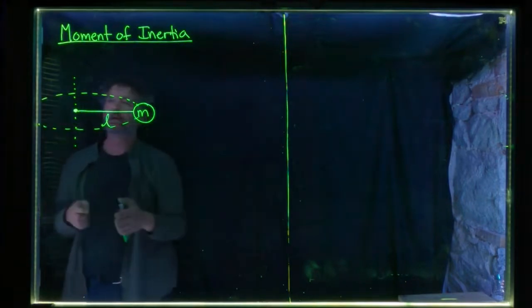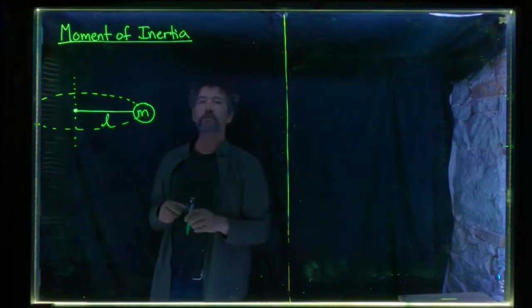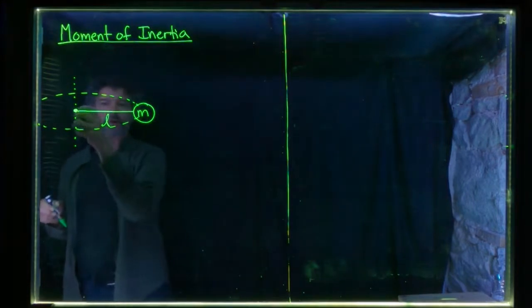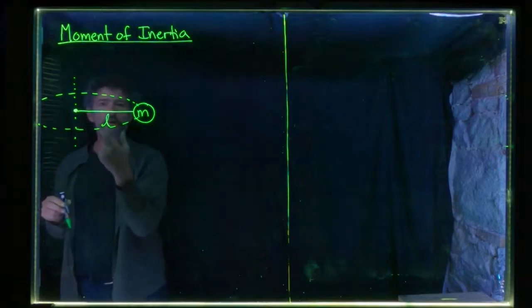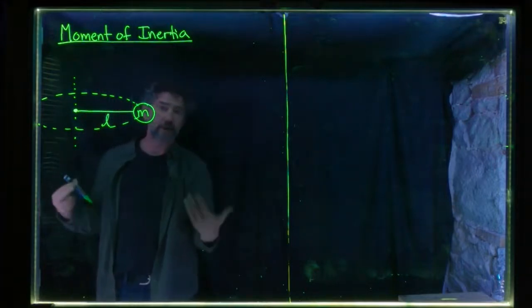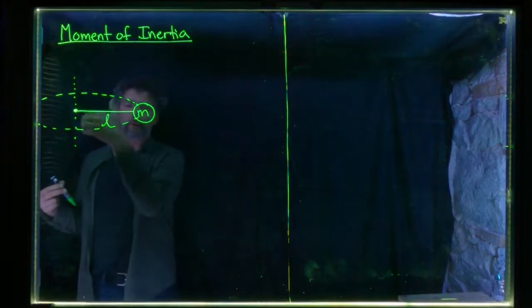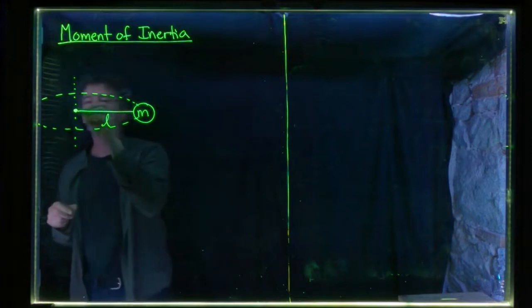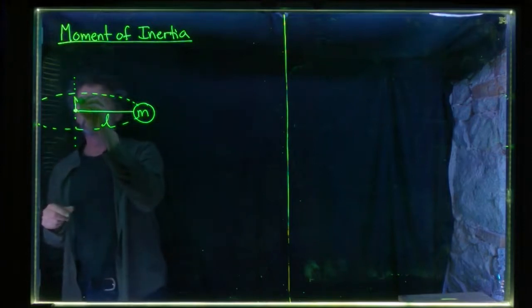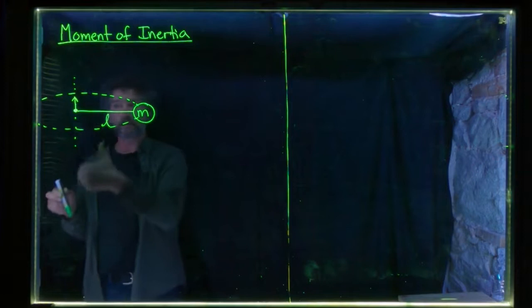Now, if the mass m is rotating slowly, then its angular velocity in radians per second is small. And remember that the angular velocity is a vector: you curl your fingers in the direction of the rotation, and your thumb points in the direction of the angular velocity.